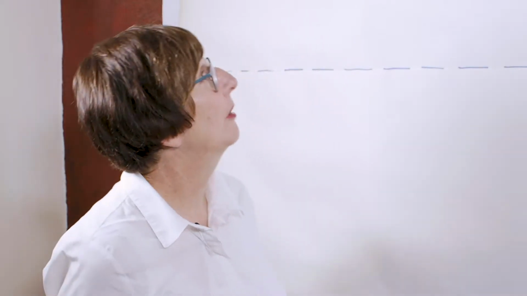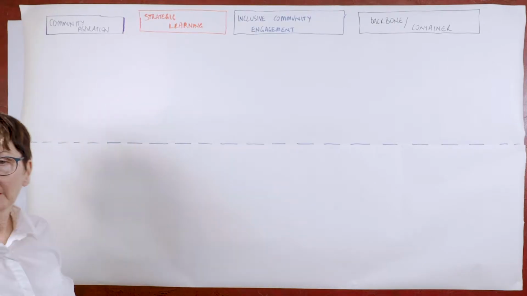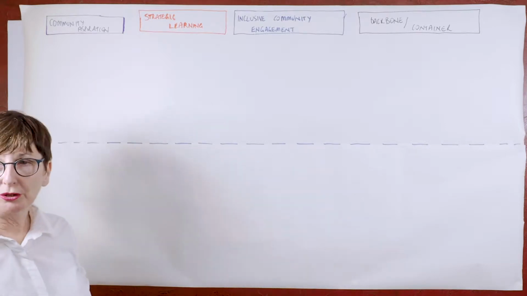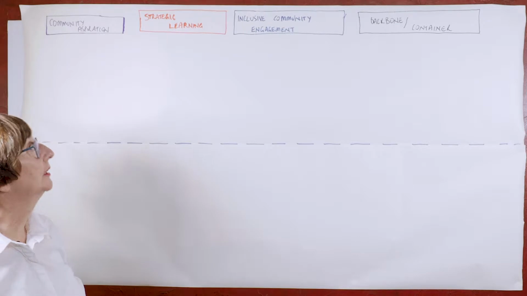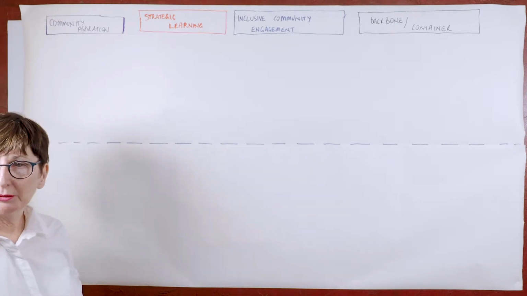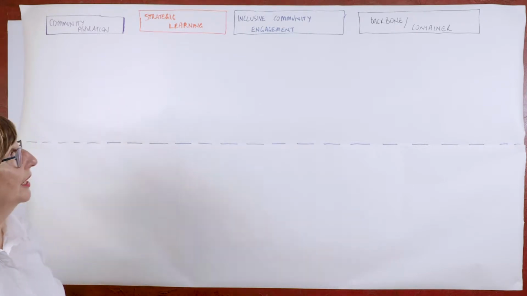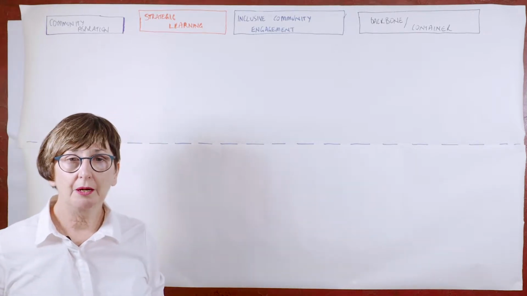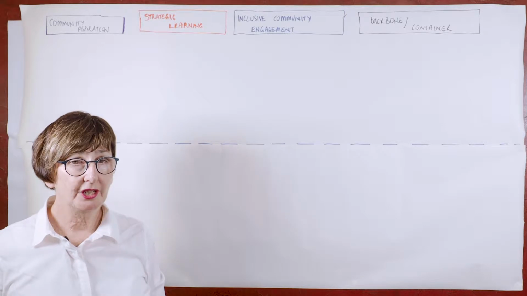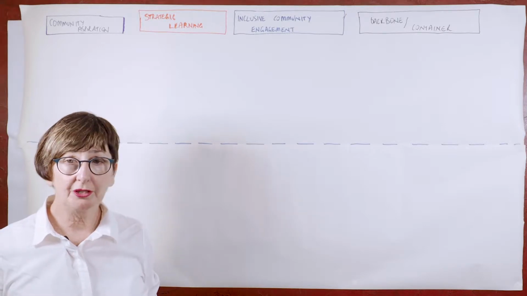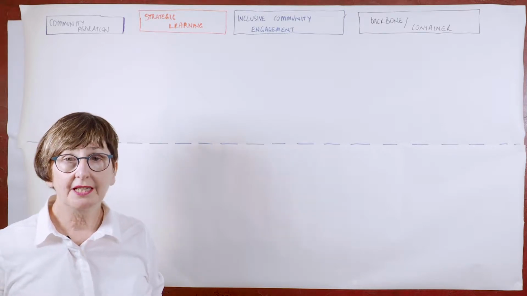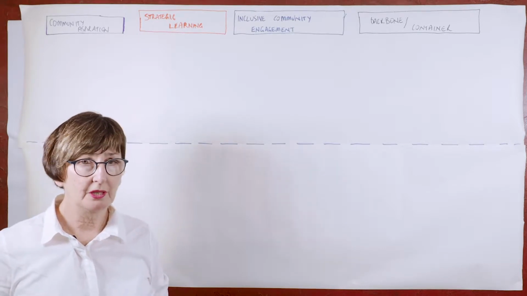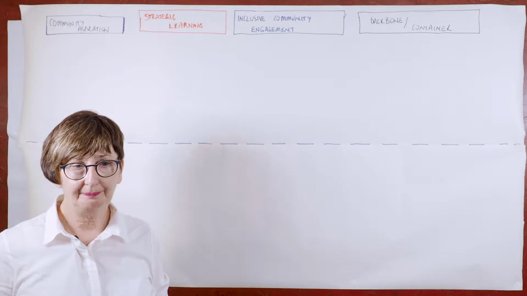So the language that I'm using is a community aspiration instead of a common agenda, strategic learning instead of shared measurement, inclusive community engagement instead of continuous communication. But I still am using the language of backbone rather than a container for change, because I find that in the work that I do around Australia, the container for change language doesn't resonate as much as a backbone. So I will be sticking to that language today.